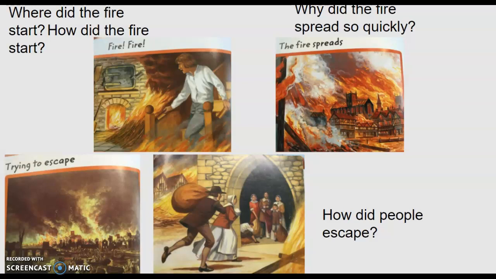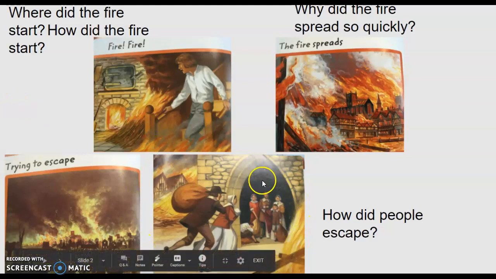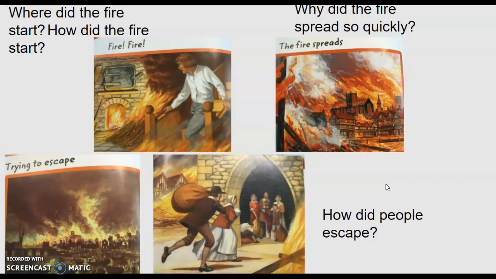Now, some people, if you look at the next picture here, can you see these people here? These people are also trying to stay safe, and some people tried to shelter in churches and they tried to take as many of their belongings as possible, because they knew that their house would probably burn down and there would not be anything left.